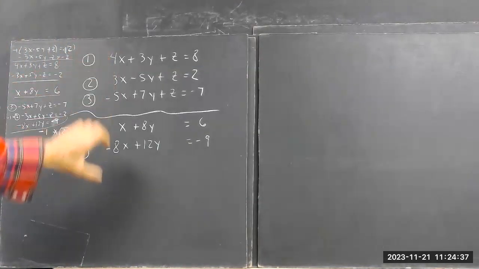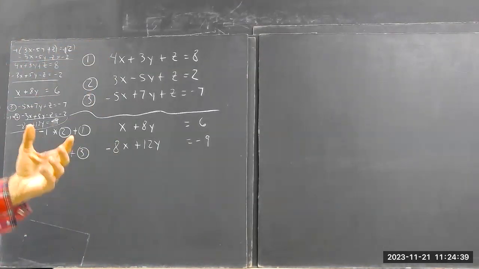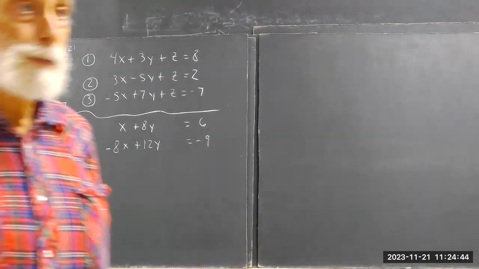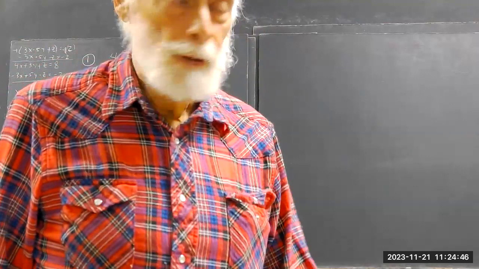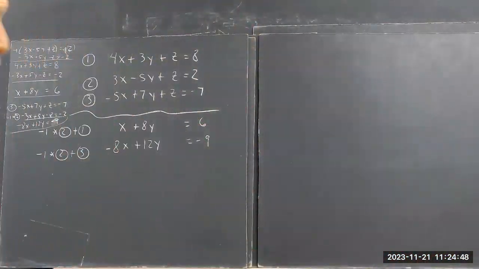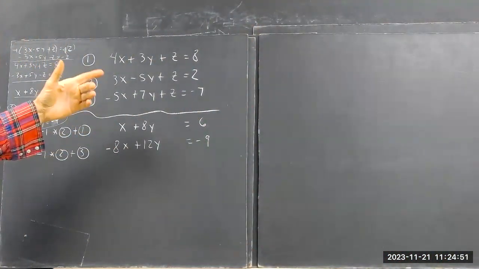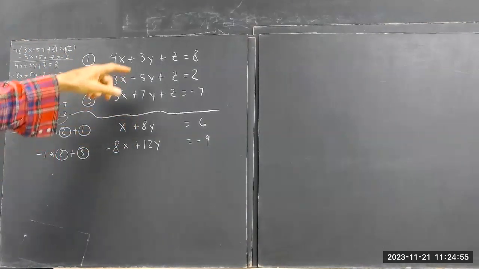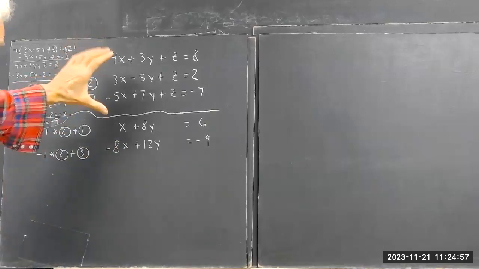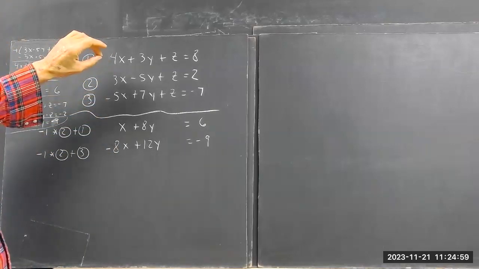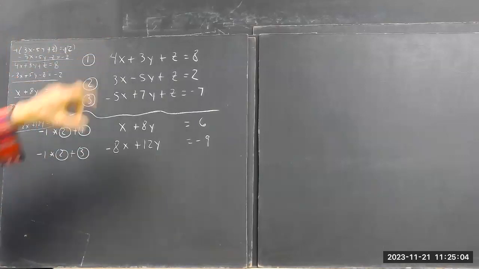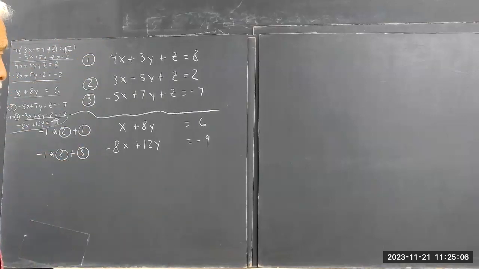Okay, so I've reduced a system of 3 equations to a system of 2 equations. And now we know how to solve a system of 2 equations, presumably. And since everybody that I see working here has successfully eliminated a variable from each of a distinct pair of the original equations, I think we can count on the fact that everybody can solve this.